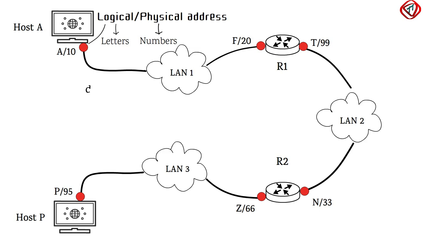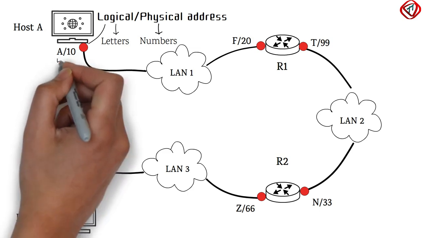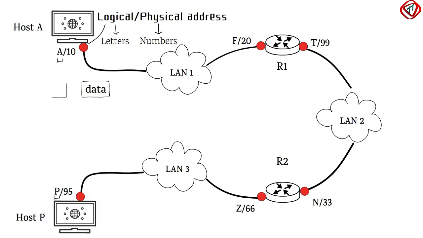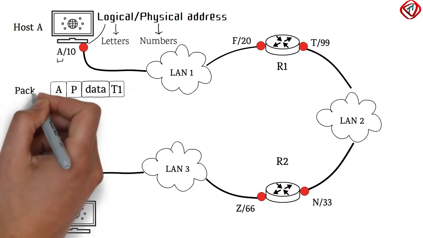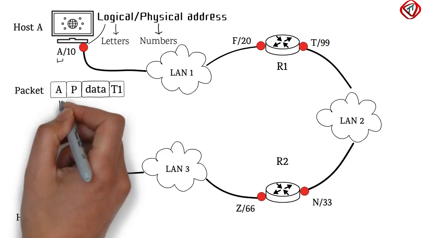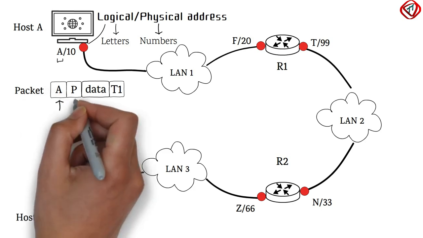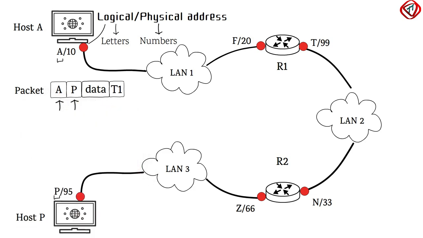Now, host A needs to send data to host P. Here, data will move from one network to another, so the sender's and receiver's logical addresses A and P are encapsulated with the data to form a packet in the network layer. Note that the logical source address is written before the logical destination address.